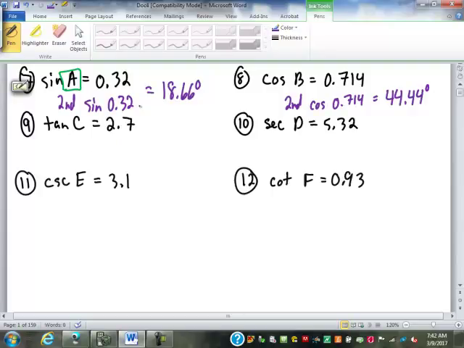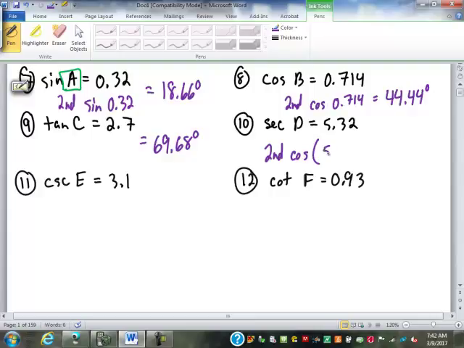Tangent of the angle equals 2.7, so we're going to do the inverse tangent. So it's second tangent of 2.7. What do we get? 69.68. Now secant, here again, we're getting into those functions that are not on the calculator. So to calculate that, to do the inverse, we're going to do the inverse cosine. So it's second cosine.